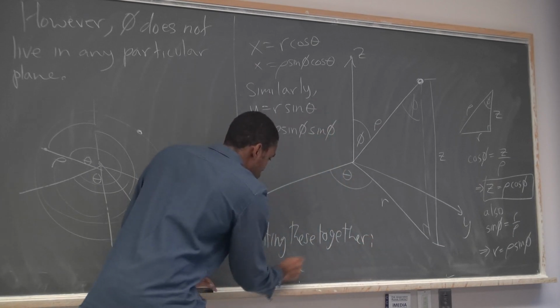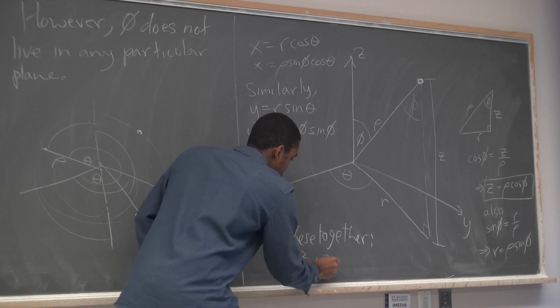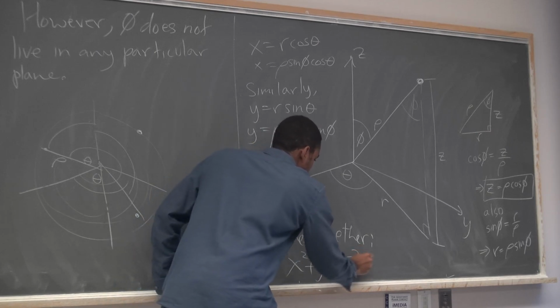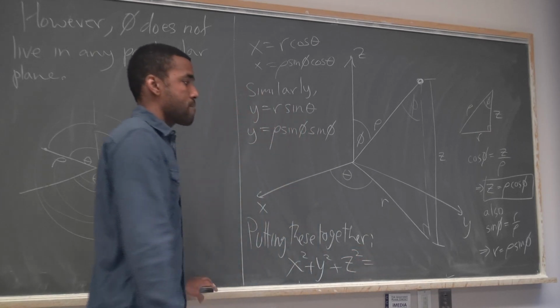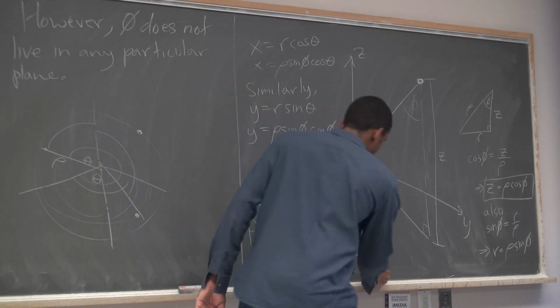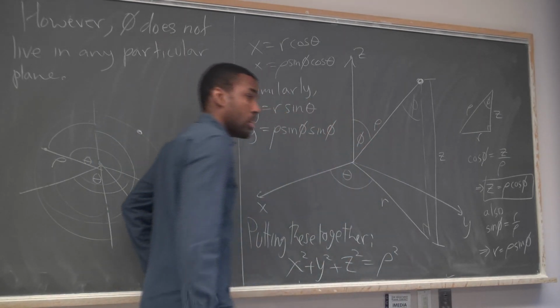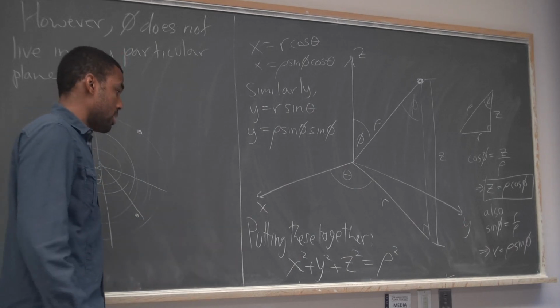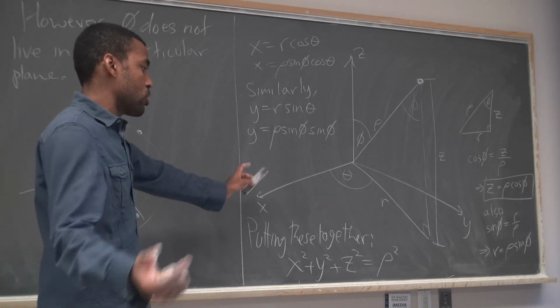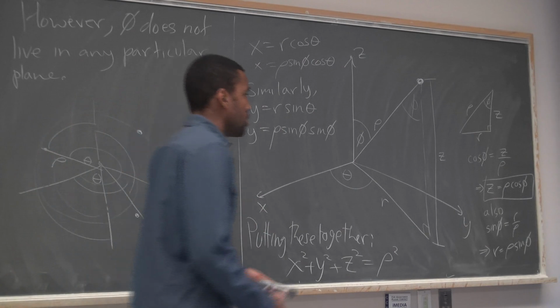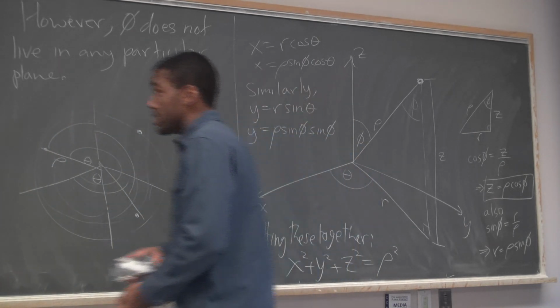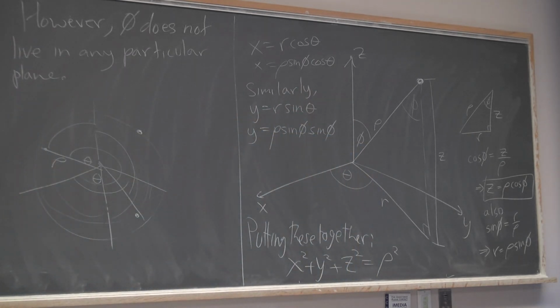If I take x squared plus y squared plus z squared, what do you think I'm going to get? Rho squared. You can do this for yourself. It's just applying the Pythagorean identity, that sine squared plus cosine squared gives you 1. These end up being the equations that will govern this coordinate system.